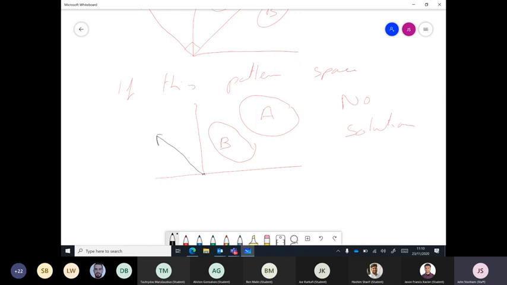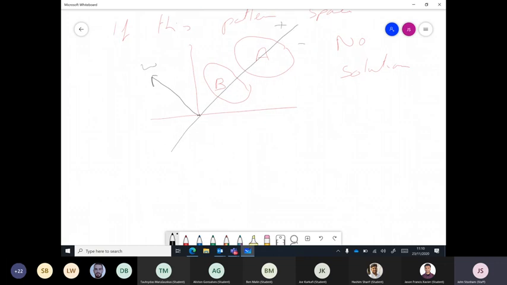If I have a weight vector there, the decision surface would be there. This would be the plus class, and this would be the minus class. And wherever I change W, it is not going to give a surface which has the A's on one side and the B's on the other side. So there's no solution to that particular problem.